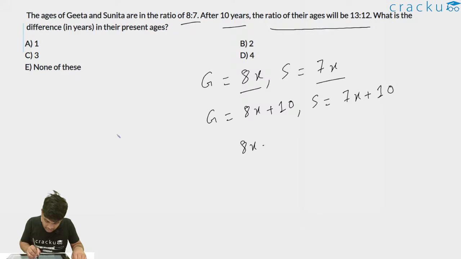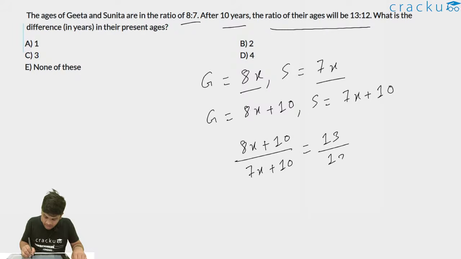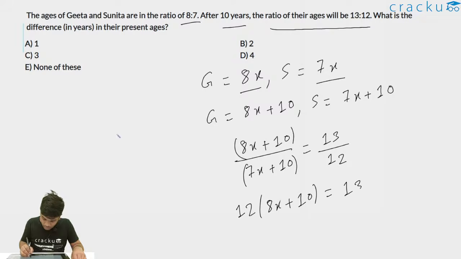So it is 8x plus 10 divided by 7x plus 10, which is equal to 13/12. When you cross multiply, 12 will be multiplied to 8x plus 10 and 13 will be multiplied to 7x plus 10. So it will be 12 into 8x plus 10, which is equal to 13 into 7x plus 10.